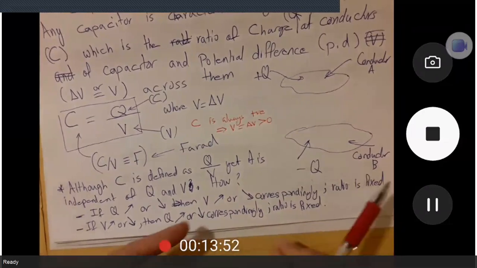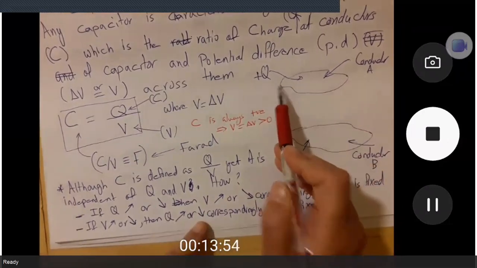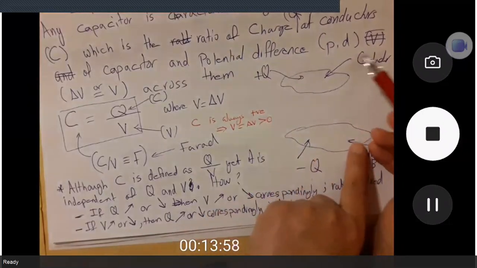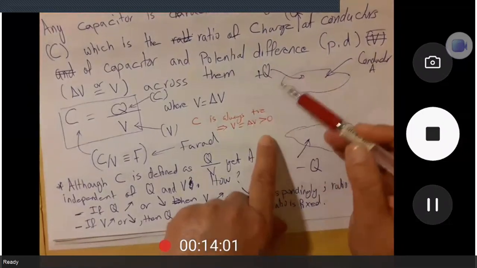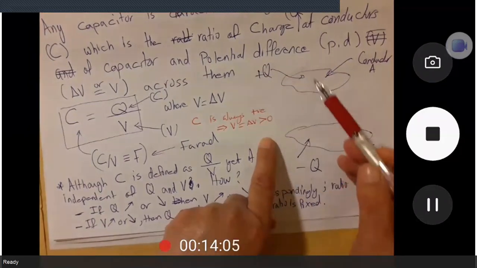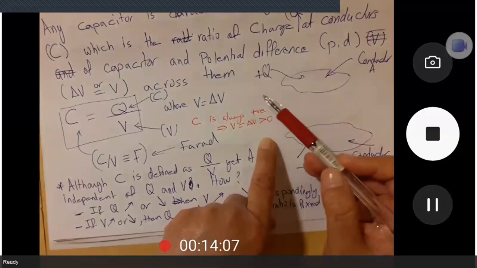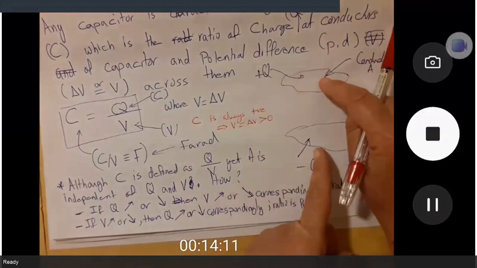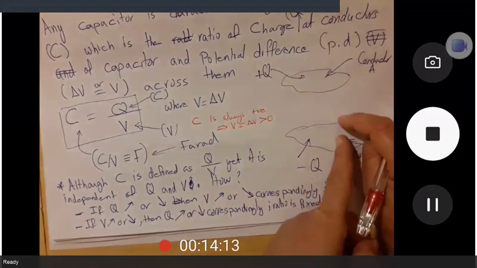How did I establish the charges here? By a battery I connected across the terminals, on the conductors of the capacitor. When I applied V, there will be charge, and accordingly an electric field.